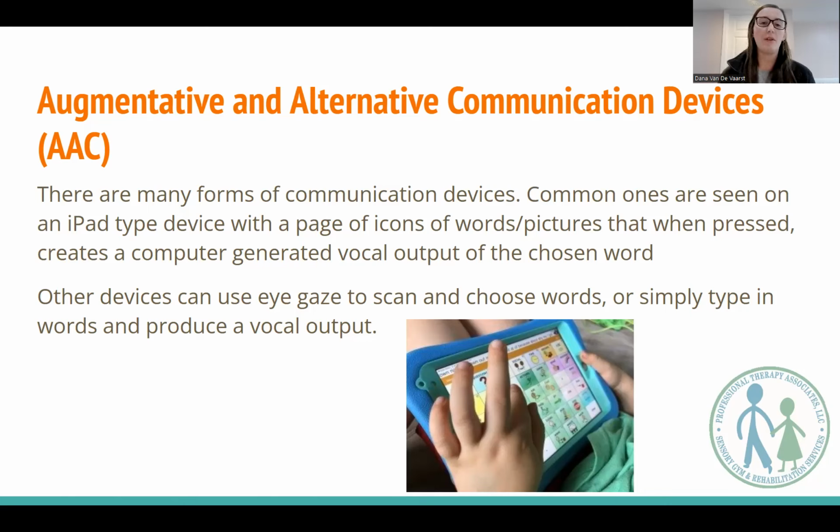At PTA, we are very lucky to have iPads with a downloaded version of Touch Chat and Proloquo. So for children who we believe will benefit from an AAC device, we can trial it here and see their engagement with it.